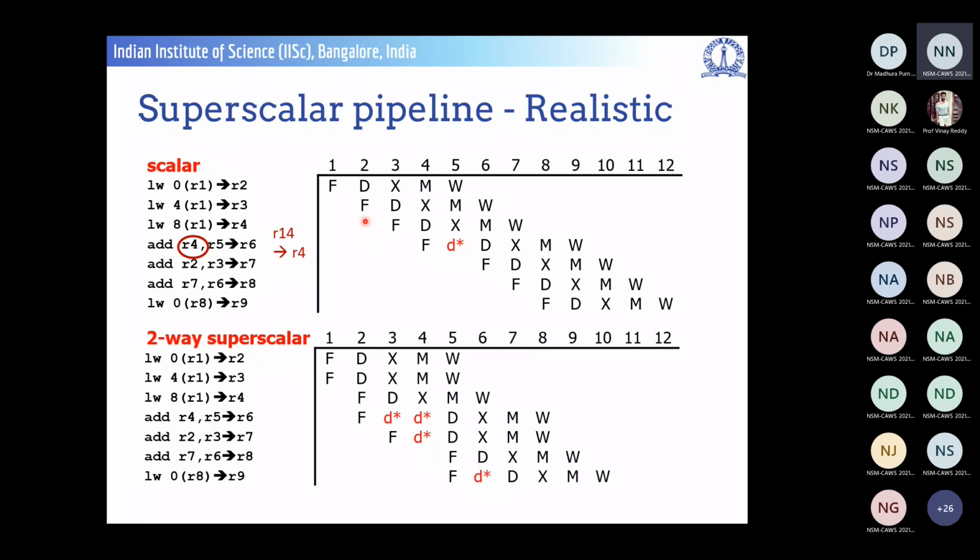So here you would see that these are all stall cycles. First of all, what you would see here is that the stalls would be more, and there is a reason for that. Both these instructions, say load and add, got into the fetch stage in the same cycle.